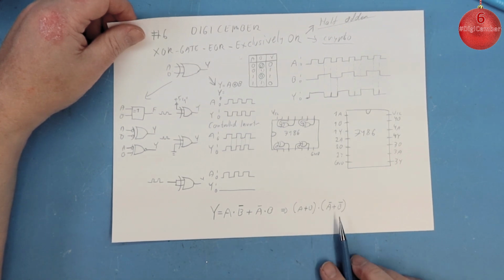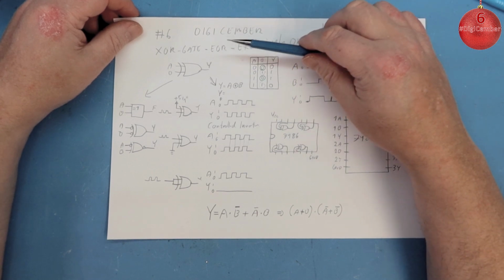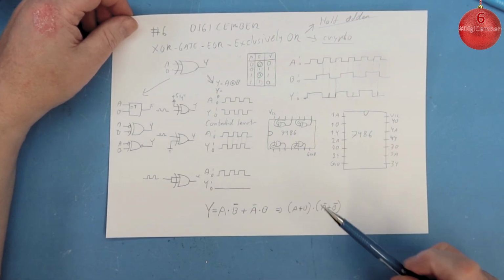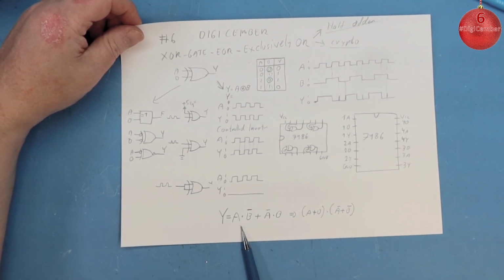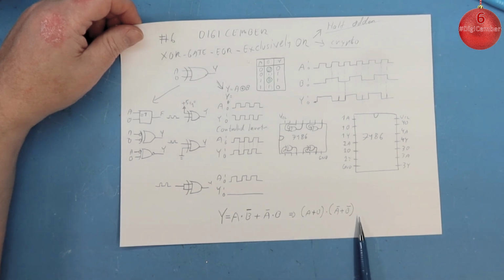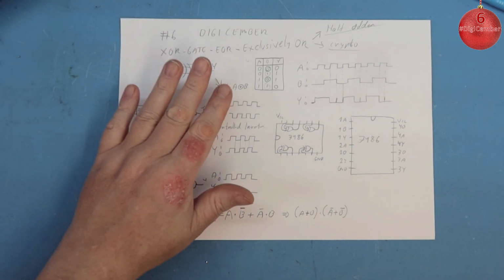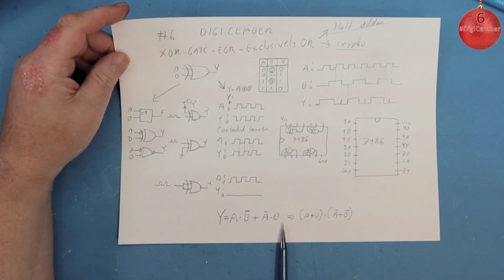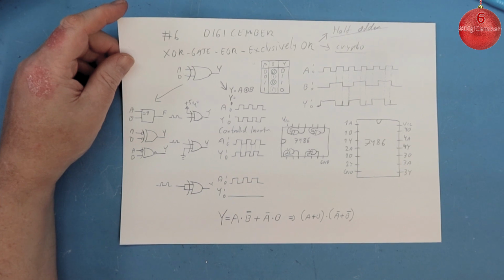So both these can express this function, and if you didn't have 7486, you can build this out of other stuff. And here you can see some of the ways you can build this using inverters, OR gates, and AND gates. So with 3 types of gates you can build this. And of course you can also use more gates and combined functions. We are browsing into the topic for tomorrow's video.